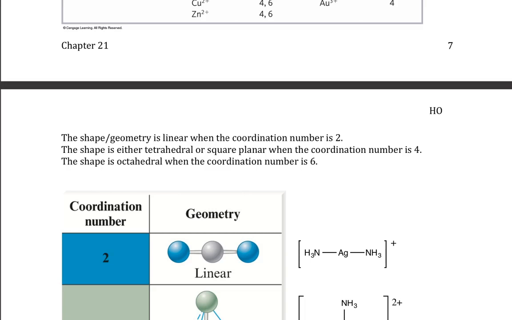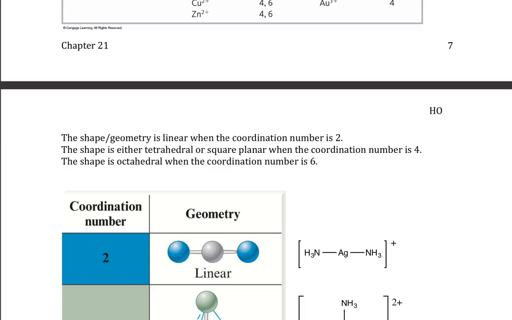We see an example of that with the complex Ag and then 2 NH3s. It overall has a plus charge, as we see in the picture there. And it's a linear molecule, so that's coordination number of 2.